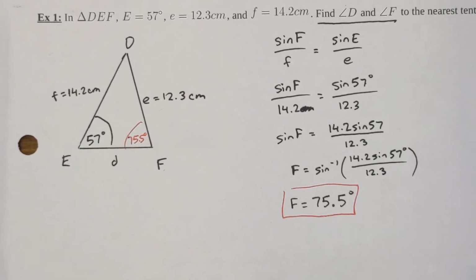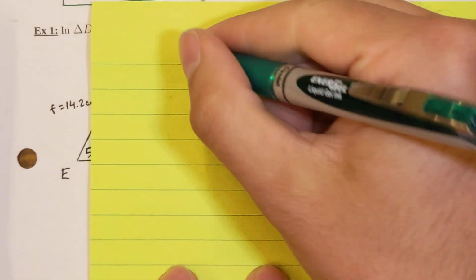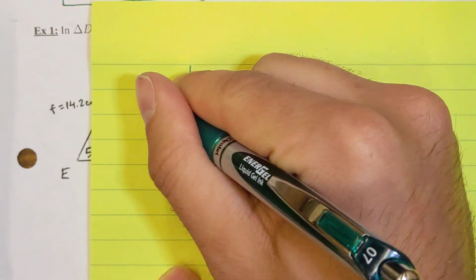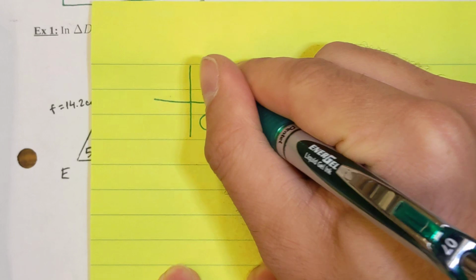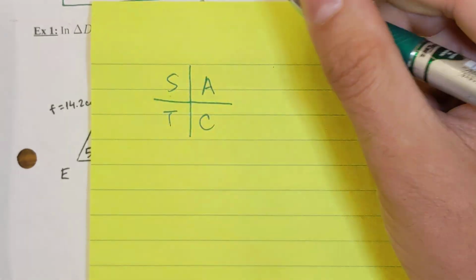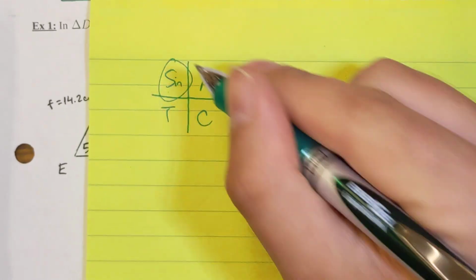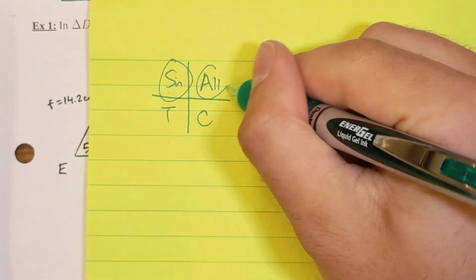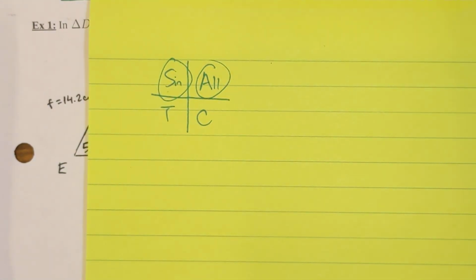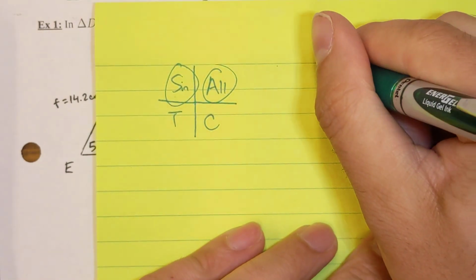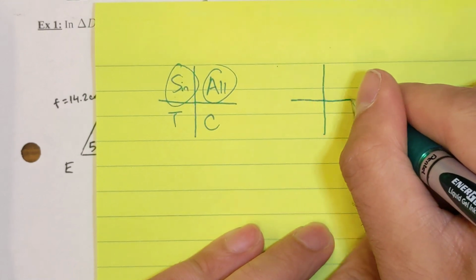Now, one of the things that we talked about yesterday is because of the CAST rule, sine is positive in one quadrant, and every angle is positive in another quadrant.